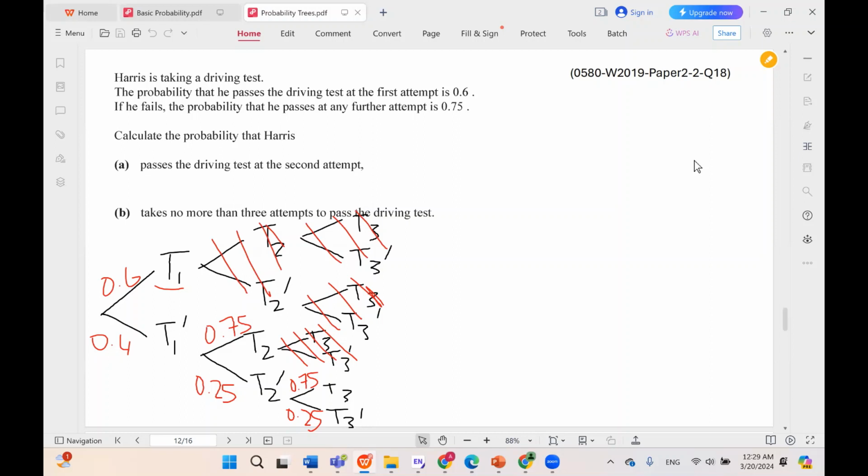So in order to reach the second attempt, he must have failed his first attempt and then passed his second attempt. So therefore, the values we're looking for here are 0.4 and 0.75. So we simply multiply 0.4 by 0.75. And we get 0.3 as a final answer.